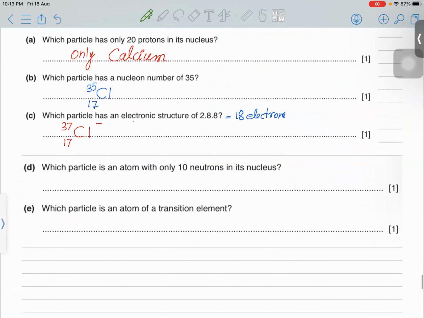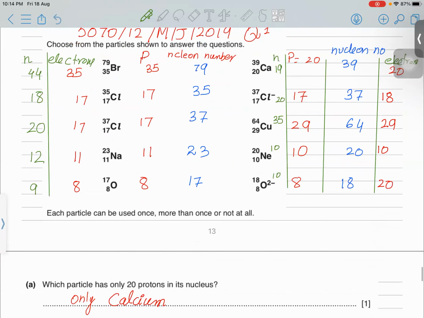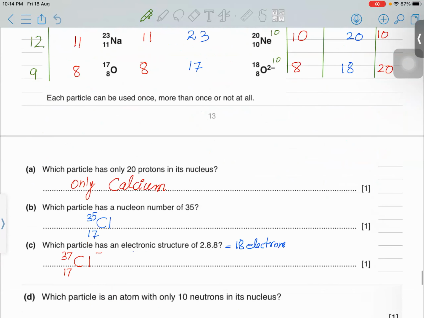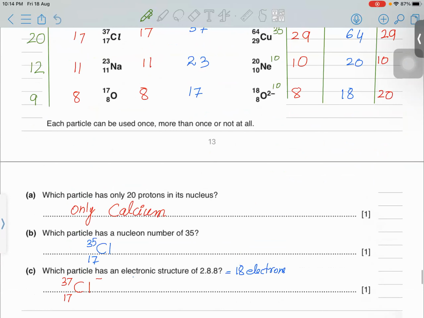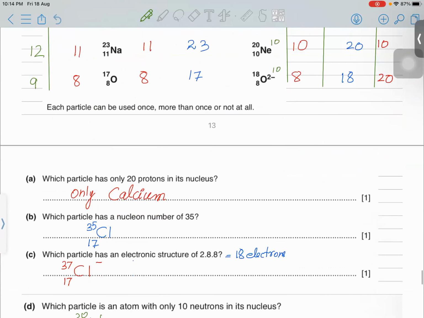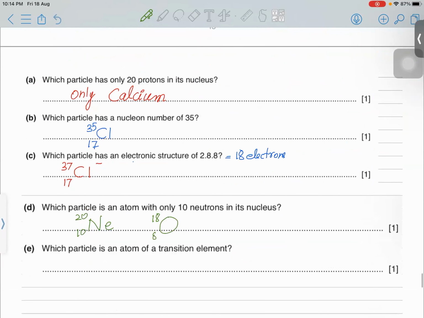Neon and O minus 2. Neon has 10 neutrons, and oxygen, 18 minus 8, O minus 2.